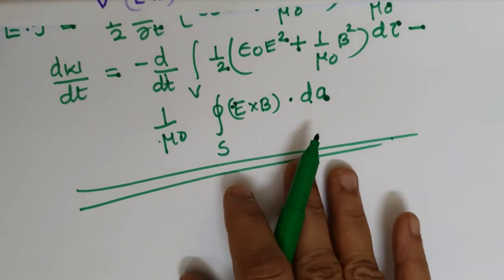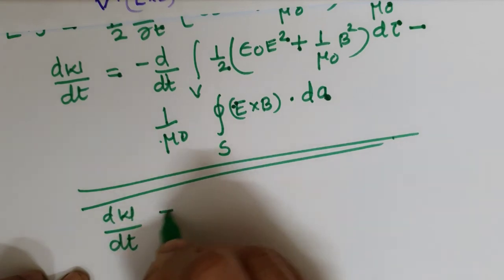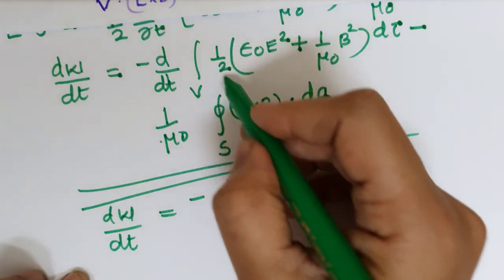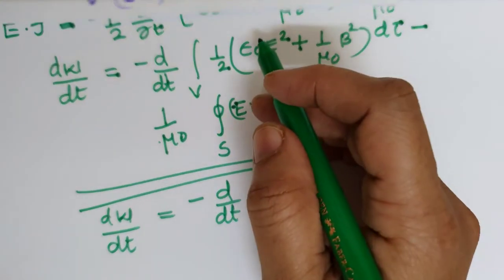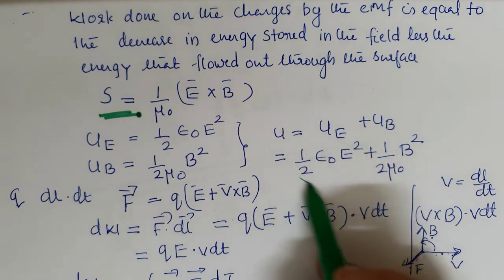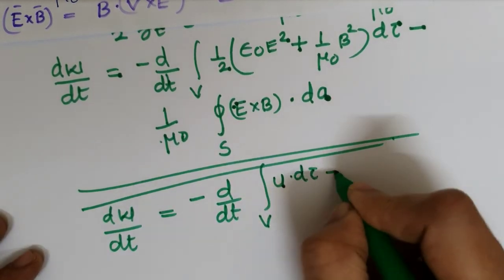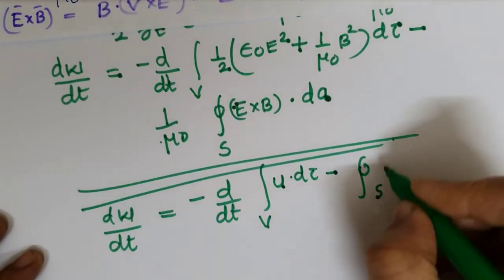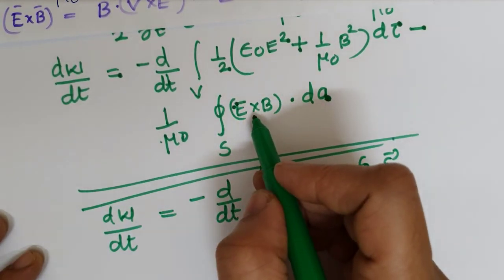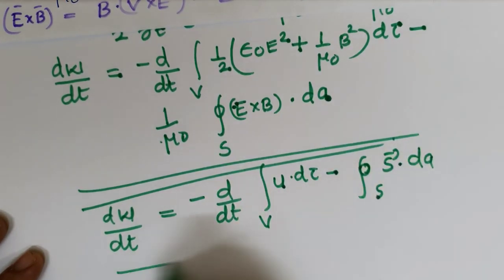Then we can rewrite this equation as dW by dt is equal to minus d by dt of the volume integral of this term. This is the total energy density, which we can represent as U, so the volume integral of U dτ, minus the surface integral of S dot dA, where S is 1 by mu 0 E cross B, the Poynting vector.